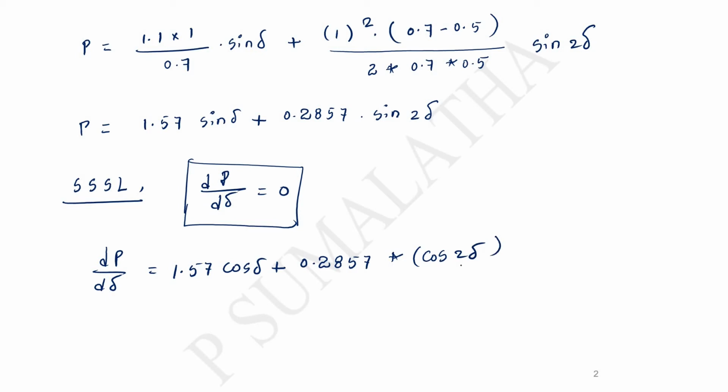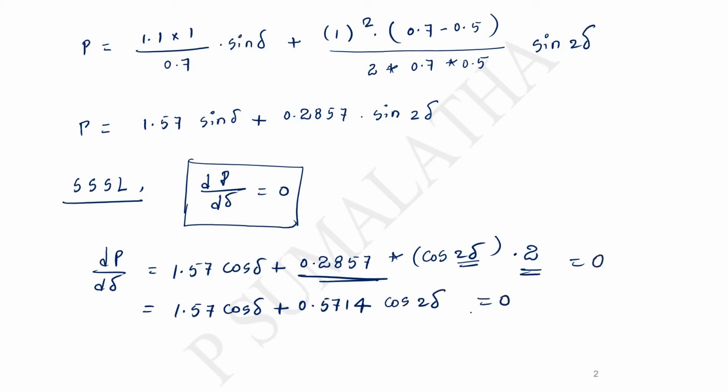Again, differentiating 2 del, you will get 2. This will be equal to 1.57 cos del plus 0.2857 into 2, which is 0.5714 cos 2 del. So this is equal to 0.